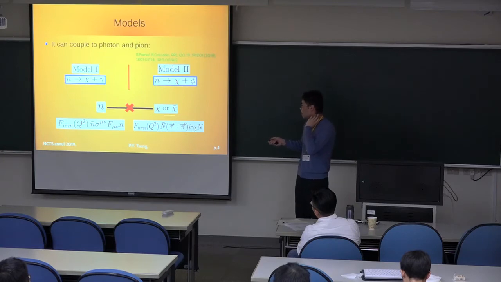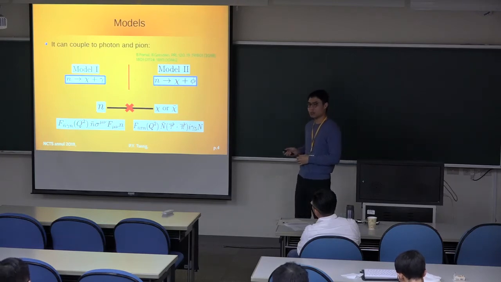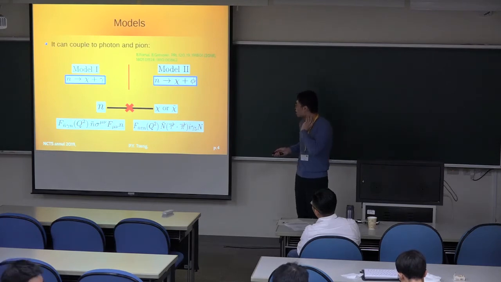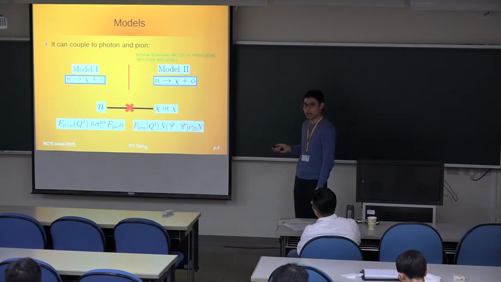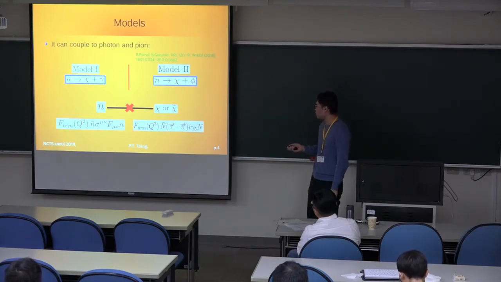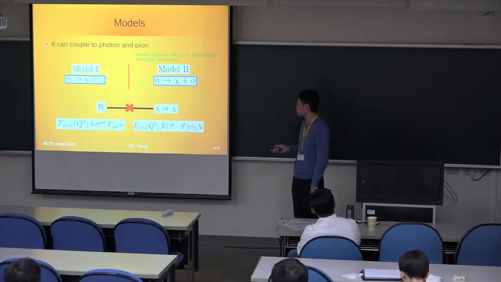But this interaction will also be relevant to our later discussion about the signal, because the pion has quite a large coupling with the neutron, so it can enhance the production cross-section.